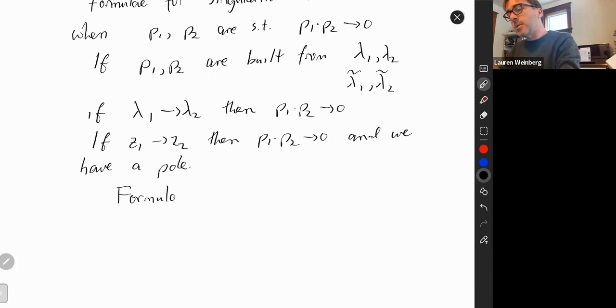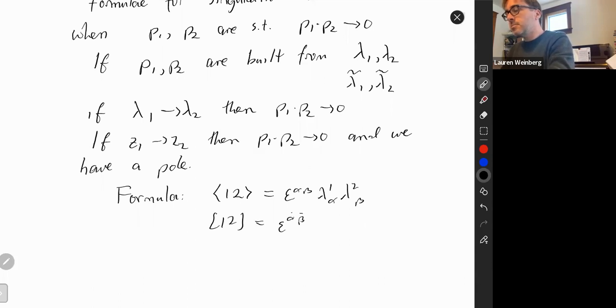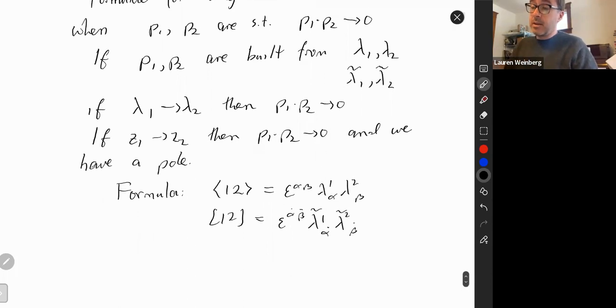I need to introduce a little notation. These angle brackets and square brackets are just the contractions of these spinors.